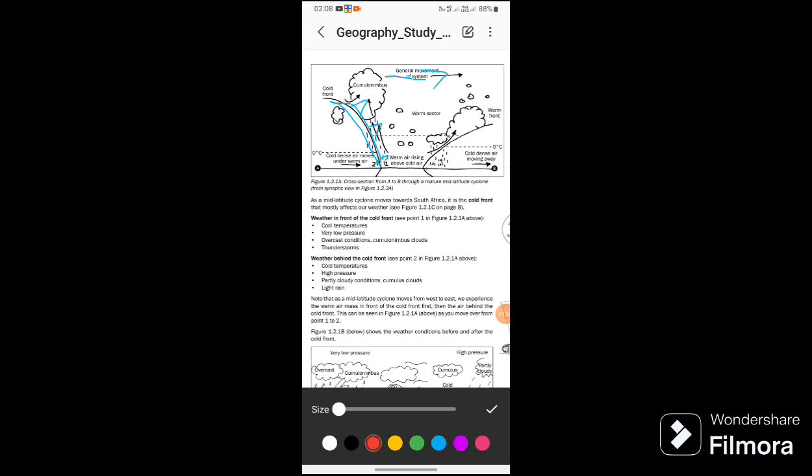And your warm front, it is gentle and results in nimbostratus, whereas your cold front results in cumulonimbus clouds, and this is your warm sector.